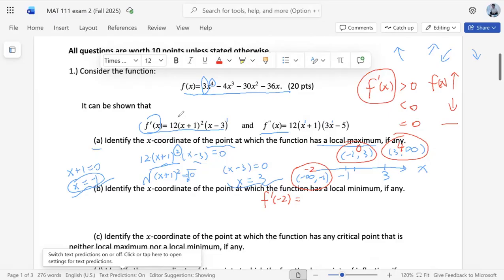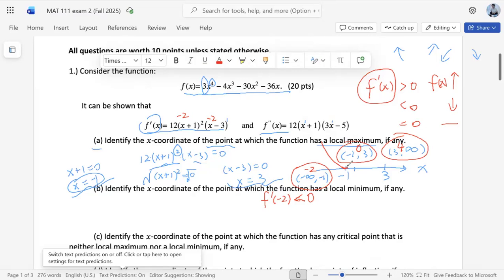If x is -2, all I have to do is check if it's negative or positive, right? -2 plus 1 is -1, and -1 squared is positive, but -2 minus 3 is negative, right? So in this interval the derivative is less than 0. That means in this interval it's going downward, like this.